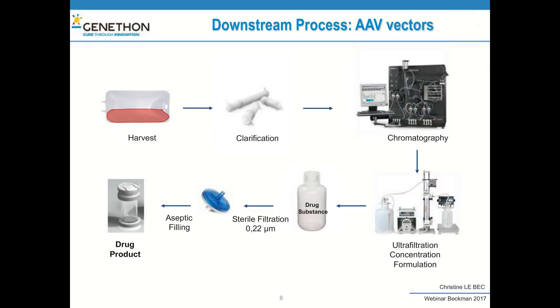You purify the AAV vectors by chromatography, and after that you make an ultrafiltration, concentration, and change, and put your AAV in the formulation buffer just to obtain the drug substance. And in the last step, you make a sterile filtration, and you make the fill and finish to obtain the drug product.